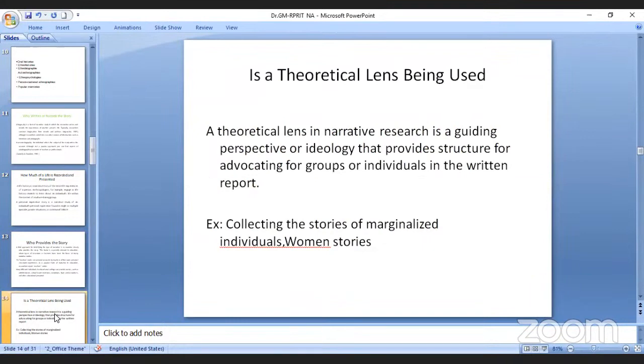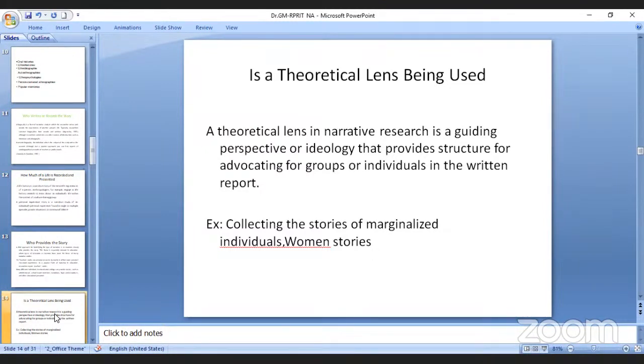Then, is a theoretical lens being used? Yes, a theoretical lens in narrative research is a guiding perspective or ideology that provides structure for advocating for groups or individuals in the written report. So the narrative story will be in a written report by the individual or another person.